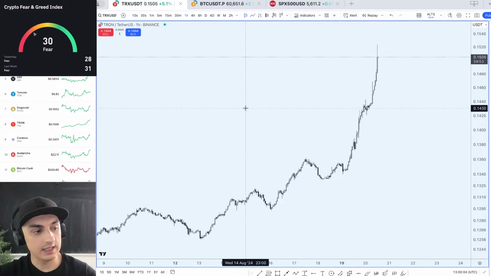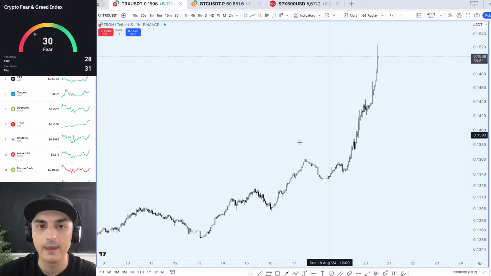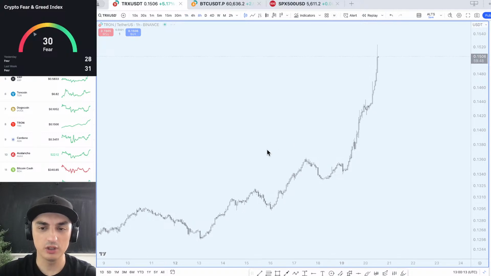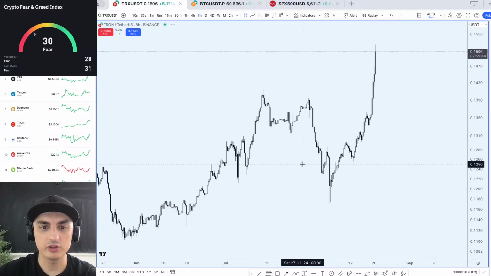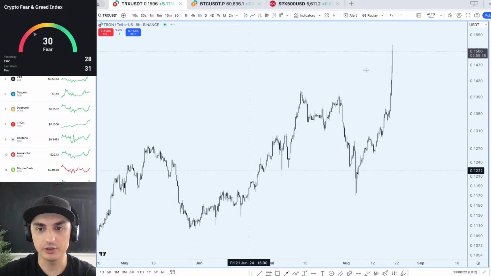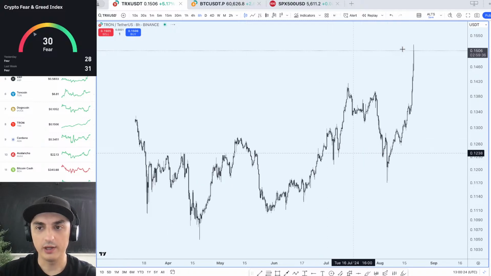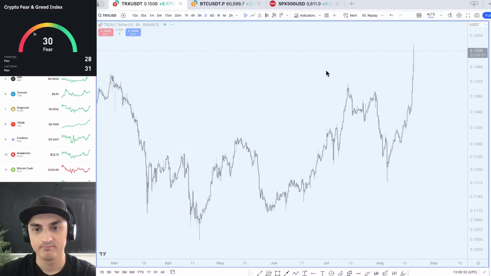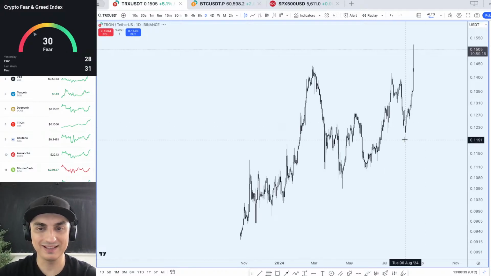It looks like it got some decent pump and the price action is really thin, and we don't have too much volatility or liquidity over here. However, the price movement is pretty good in terms of where it has already reached, and I don't know if it has more power to go higher. Let me check on this one. I'm really surprised by Tron's price action recently. Didn't expect this at all.